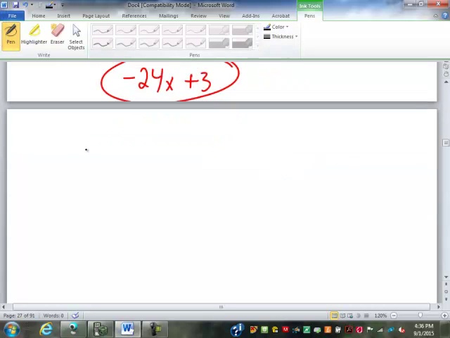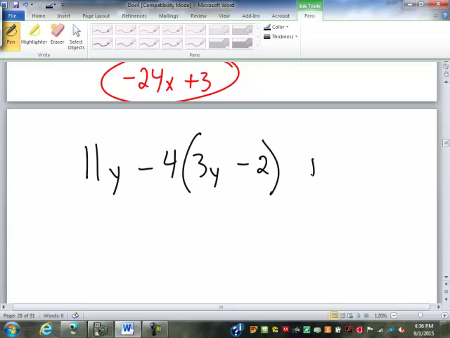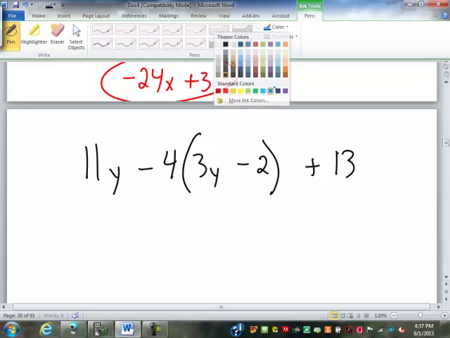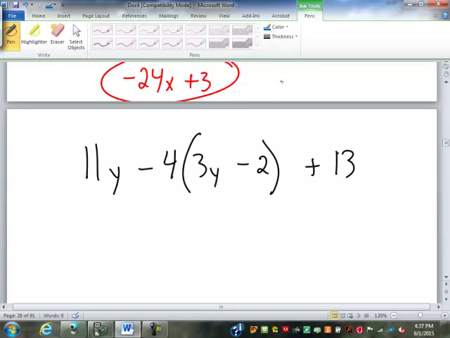We might have something like this. I'll walk you through this one and then I'll give you an example. So here, obviously, we have the parentheses, so we're drawing our attention there first.